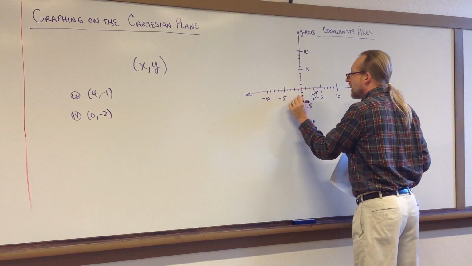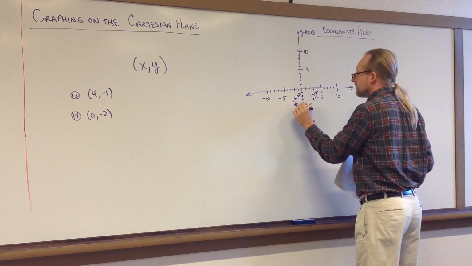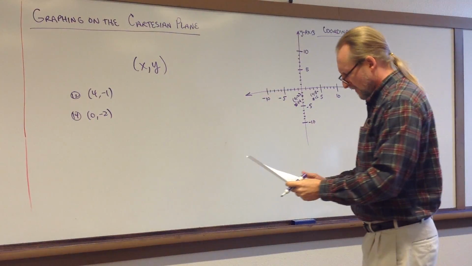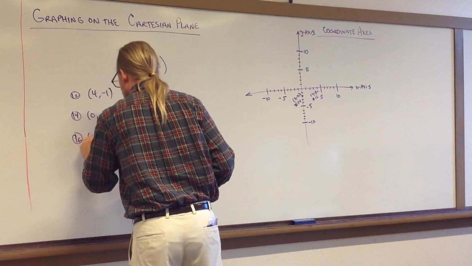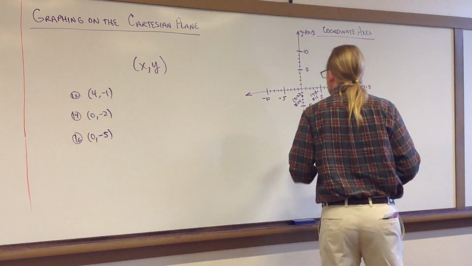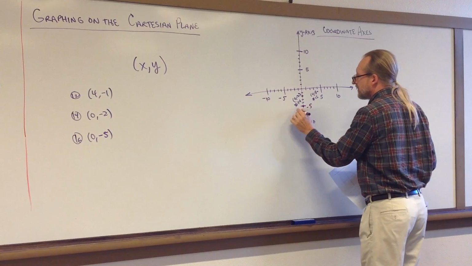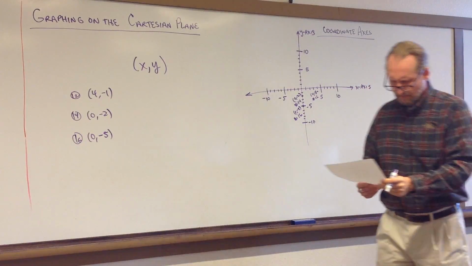And then for the y-coordinate, we go down 2 places to negative 2. And there's number 14. Number 16 is 0, negative 5. So that's going to be, again, 0 on the x's, negative 5 on the y's, and that's number 16.